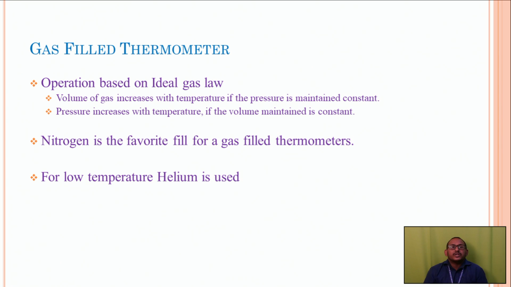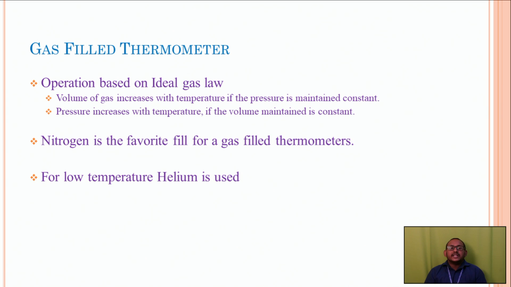And the working principle here is the ideal gas law. That is, the volume of the gas increases with temperature if the pressure is maintained constant. When the temperature increases, only the volume of the gas increases, and the pressure of the gas is kept constant.